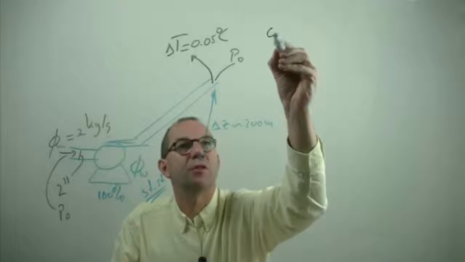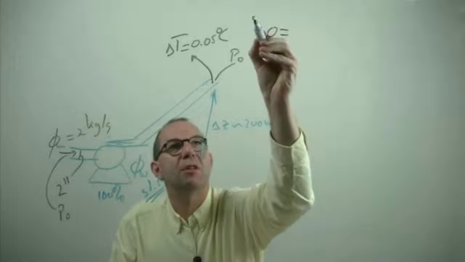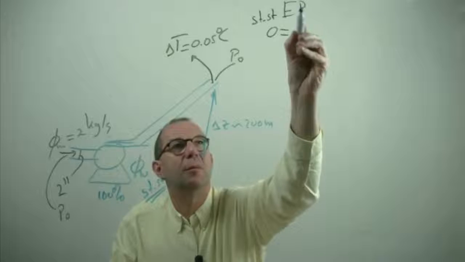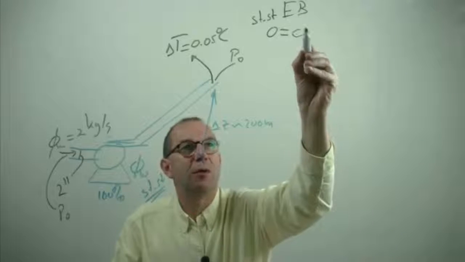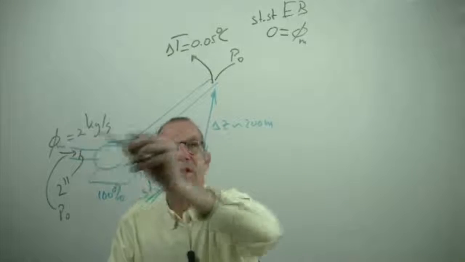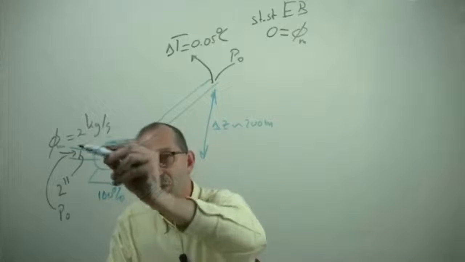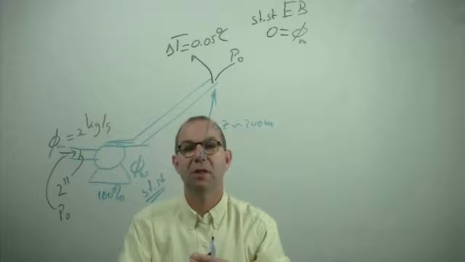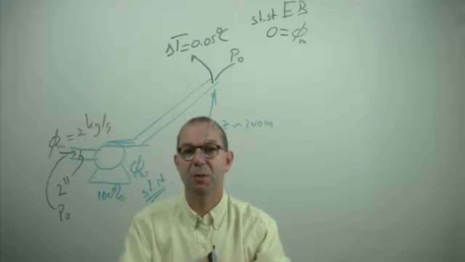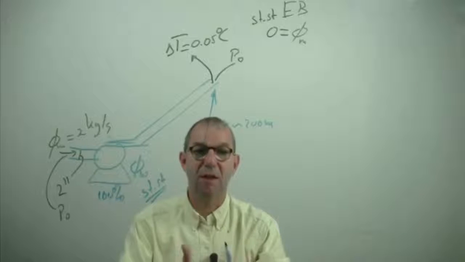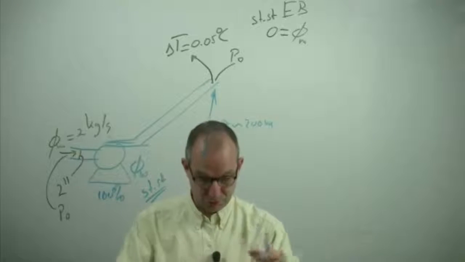So we have 0 is, because it is steady state, the energy balance. What flows in is the mass flow rate times the energy concentration, that is internal energy, so temperature effects, Cp times the entrance temperature, kinetic, potential and pressure.